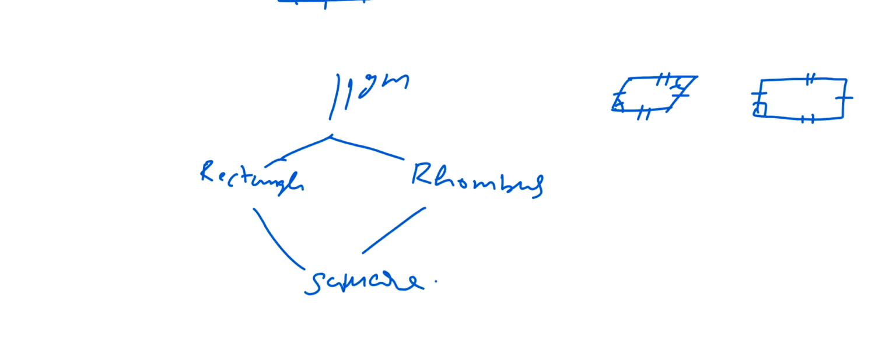In a parallelogram, diagonals are not equal. When these two diagonals become equal, then the parallelogram becomes a rectangle.